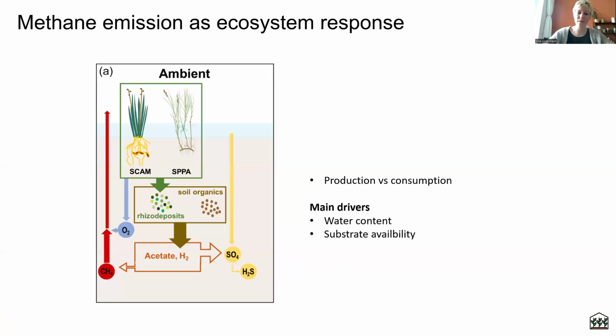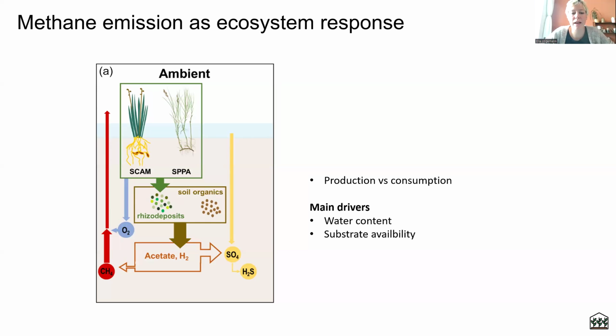So methane emission is a complex ecosystem response, indicated by this graph here. What we measure is usually what comes out of the soil, so the outcome of production versus consumption. Both processes are happening in the soil. And the main driver of this is the water content.